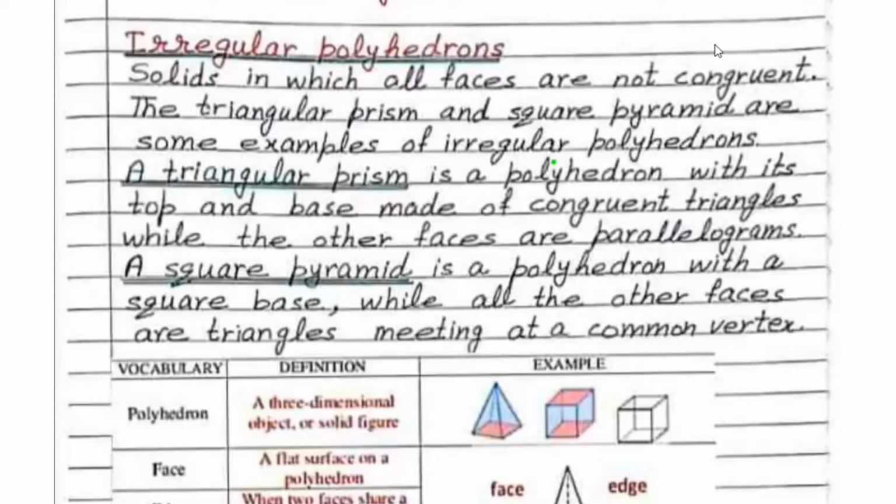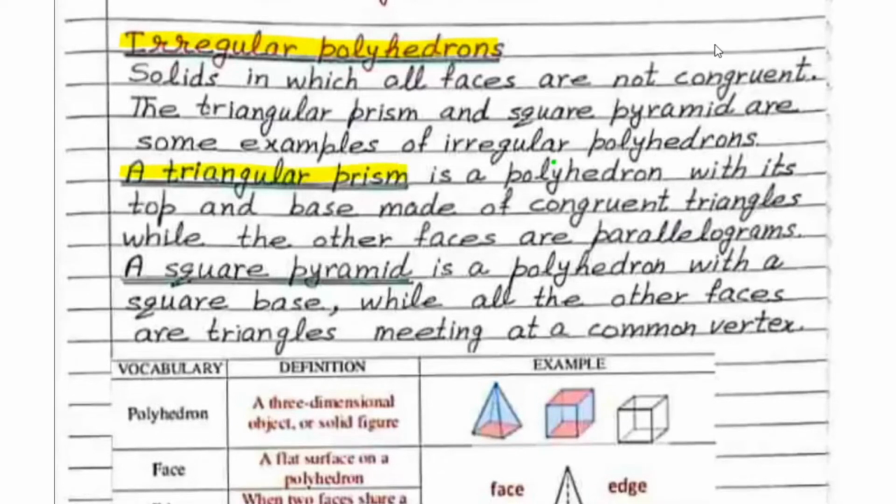Now children, let us discuss irregular polyhedrons. Solids in which all faces are not congruent, that is, the triangular prism and square pyramid are some examples, where the base is not the same as the rest of the faces, right? Have a look now.